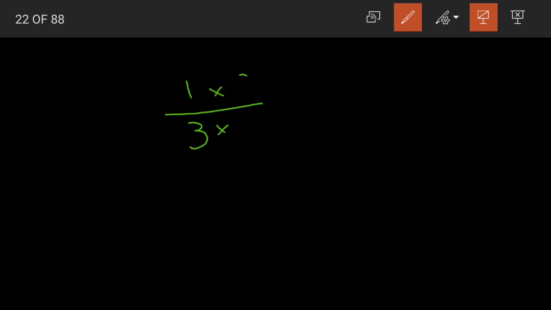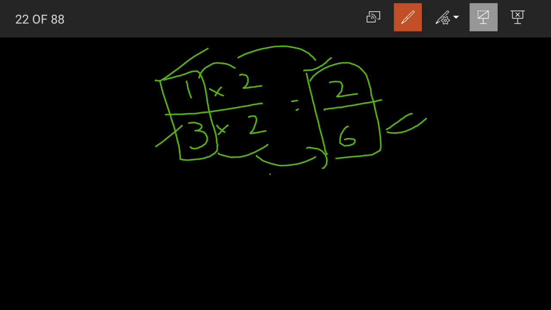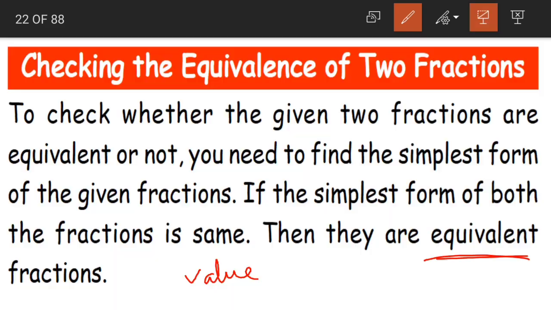Suppose we had 1 by 3. Now when we multiply both the numerator and denominator by the same number, 1 2s are 2 and 3 2s are 6, we will get our equivalent fraction. The equivalent fraction of 1 by 3 is 2 by 6. Yes. Now what are they saying?